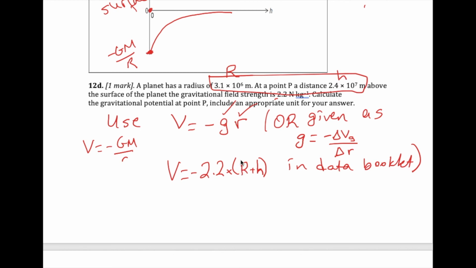So for the total distance, like I said, you have to add them. And then you calculate to find negative 6.0 times 10 to the power of 7 joule per kilogram.